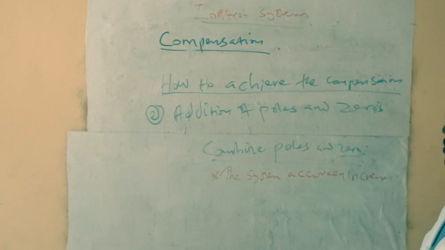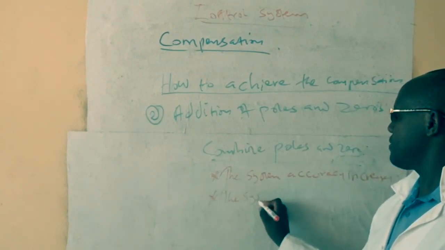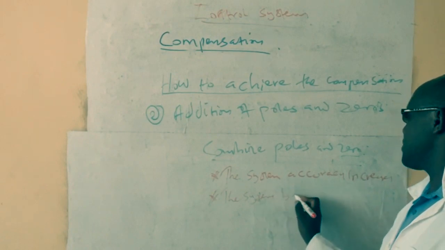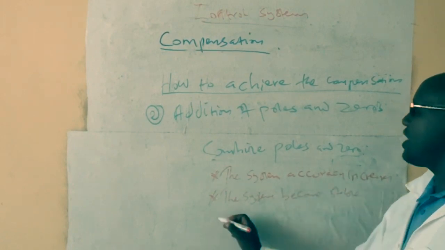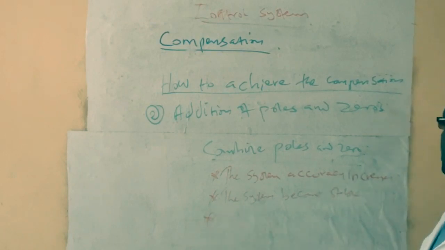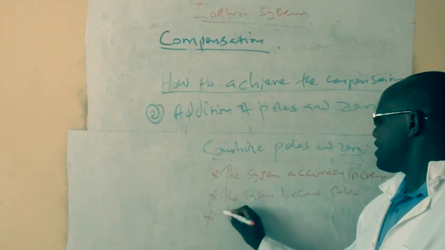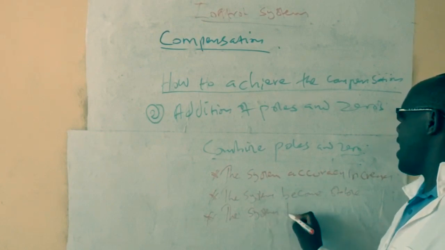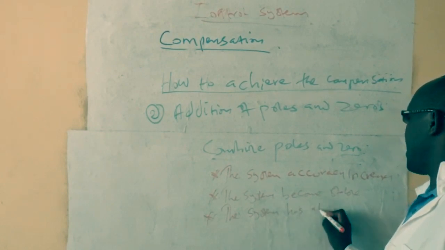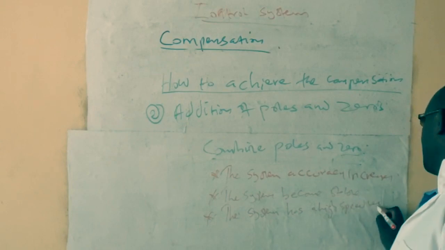And then about the zeros, one advantage is that the system becomes stable. Another thing about the zero is that the system has a high speed response.